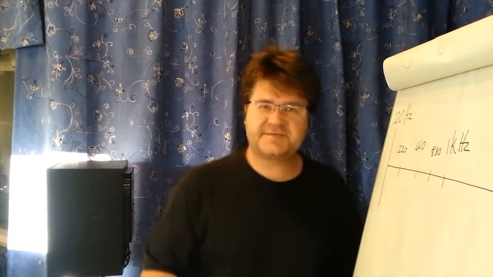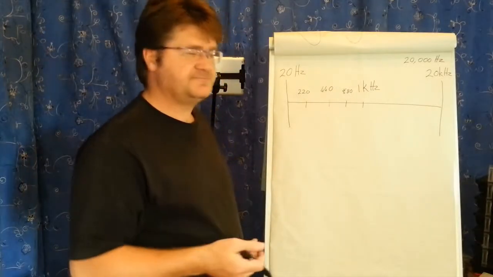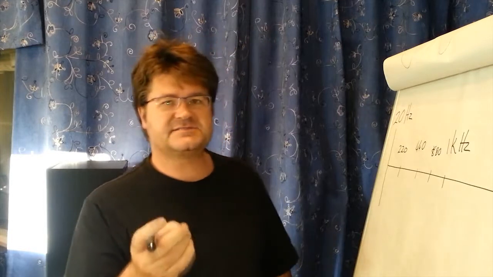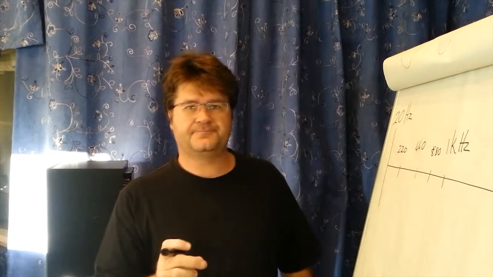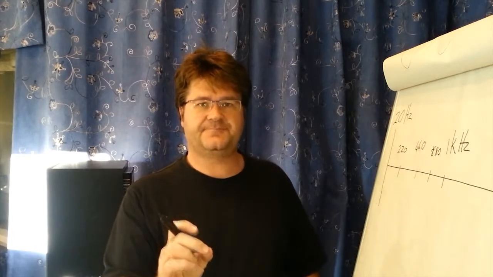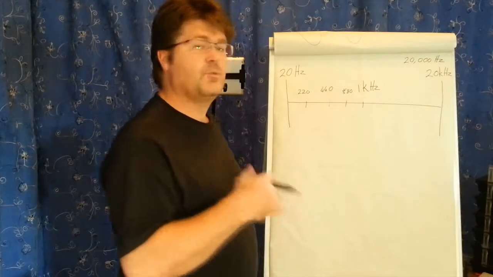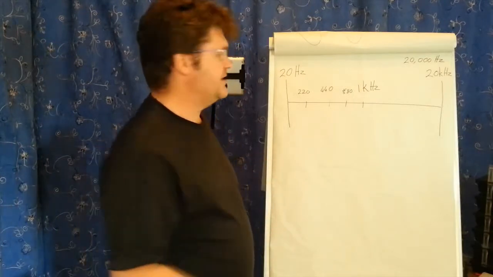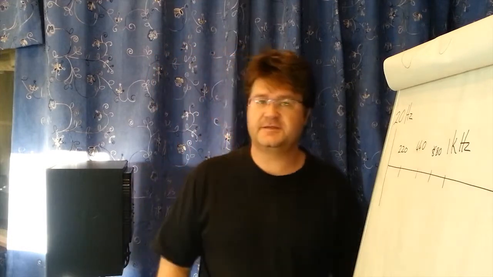Just out of interest's sake, the reason why I selected those frequencies is not arbitrary. A symphony orchestra normally tunes on the note A. The A that is played from the piano, from which all the instruments tune, is the A that lies at 440 hertz.